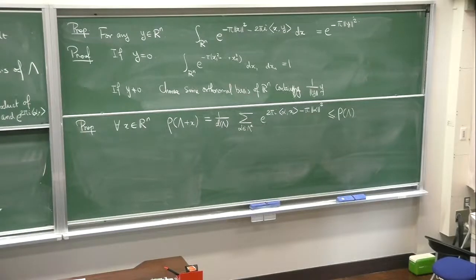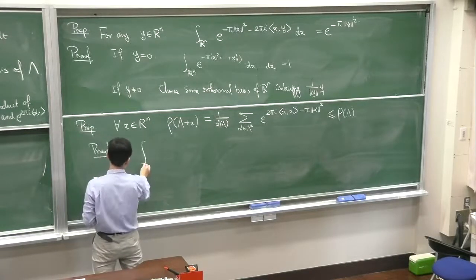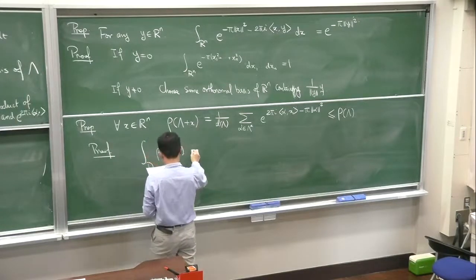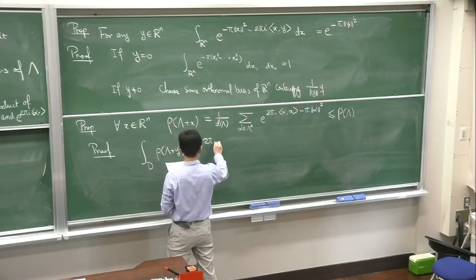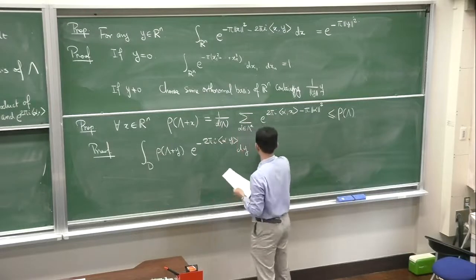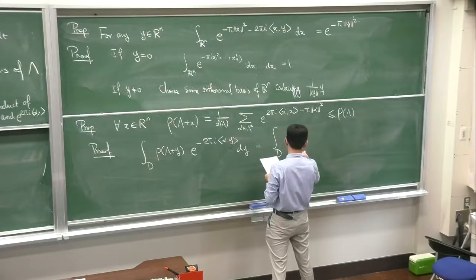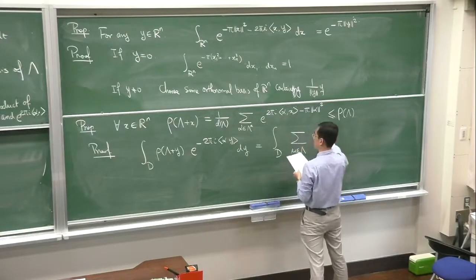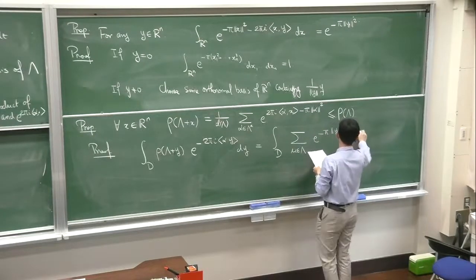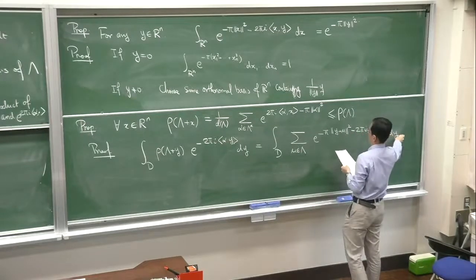So I just compute the integration here. The integration over D of rho of lambda plus y, e^{-2 pi i alpha y} dy. So this is just the integration over D, and then you take the sum over u in lambda of e^{-pi norm of y plus u squared minus 2 pi i alpha y} dy.